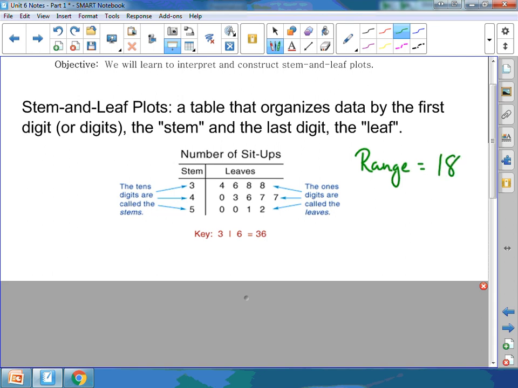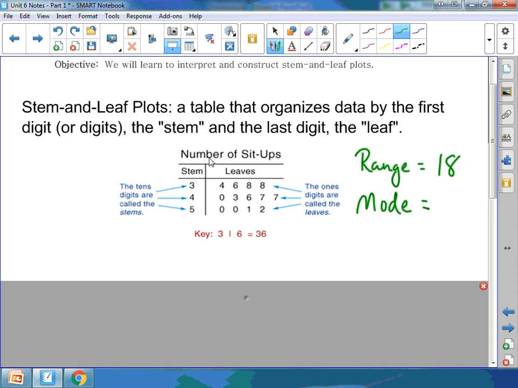Okay? Now another question I'm going to ask you, possibly, would be the mode. So what would you say the mode is for this particular one? Actually, this has more than one. Give me a number that could be a mode.